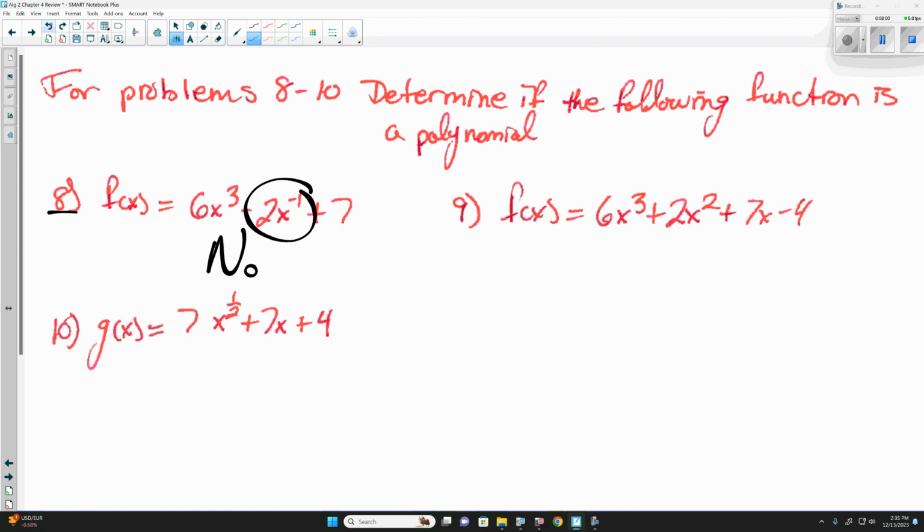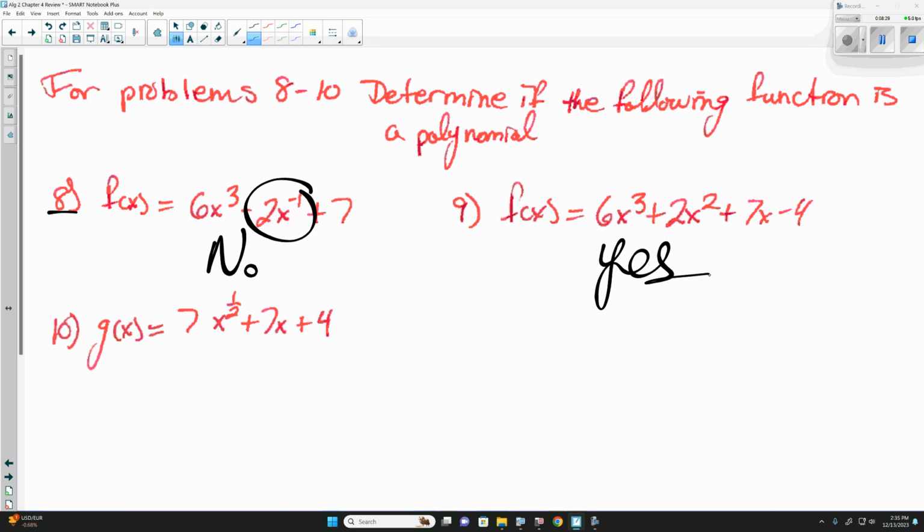Are there variables in an exponent? No. Is there a variable inside of a radical? Well, there's no radicals at all. Variable in the bottom of a fraction? No, there's no fractions. Are there two different variables being multiplied together? So is this a polynomial function? Yep. For these here, it's either yes or no.